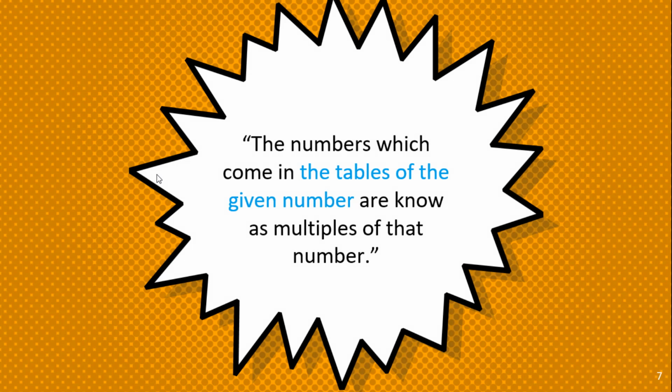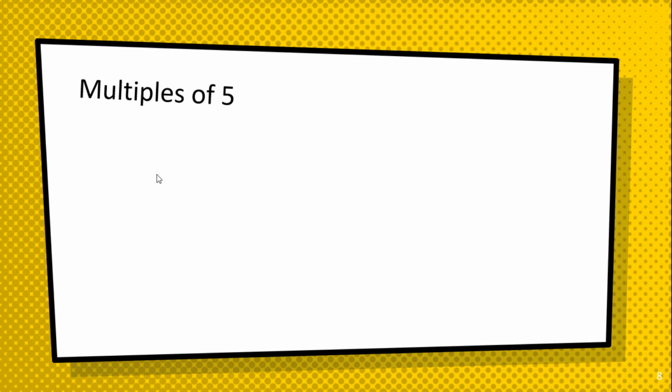Now I'll show you another statement. The numbers which come in the tables of the given number are known as multiples of that number. Now this statement is also confusing, but we will look at an example. Now I'll explain it in a little easier method. We know the tables of 5, so I'll write the tables of 5.